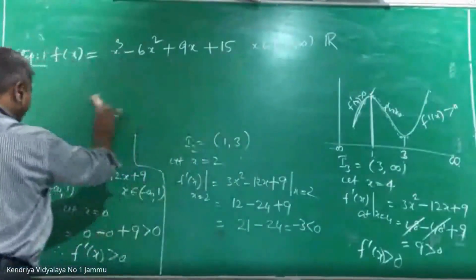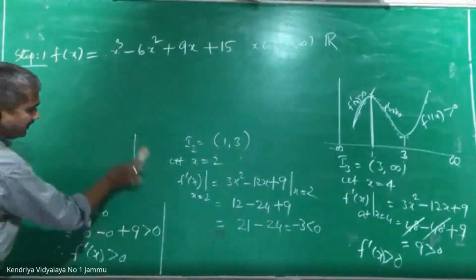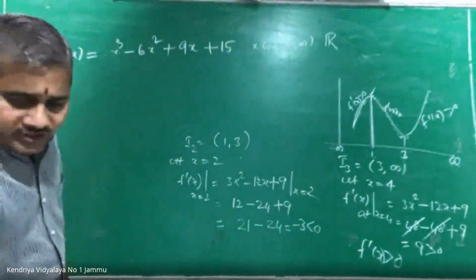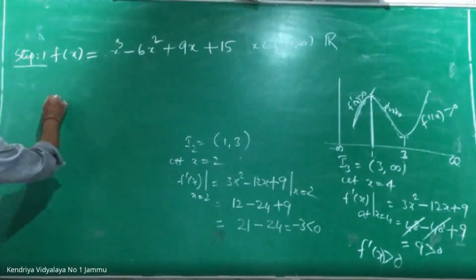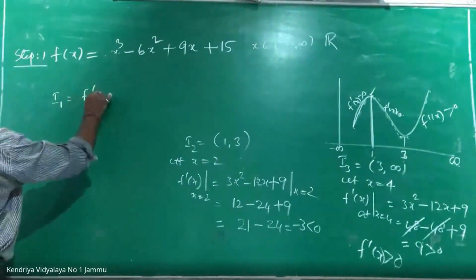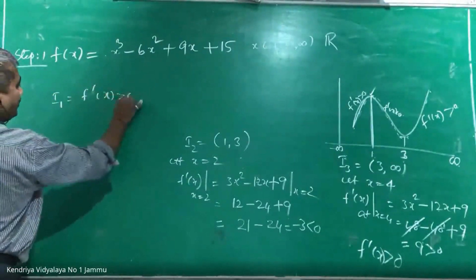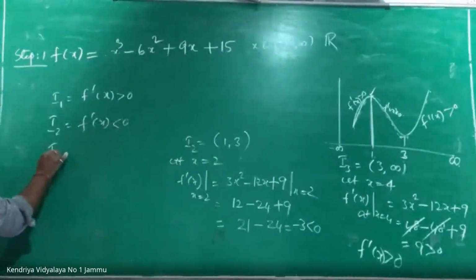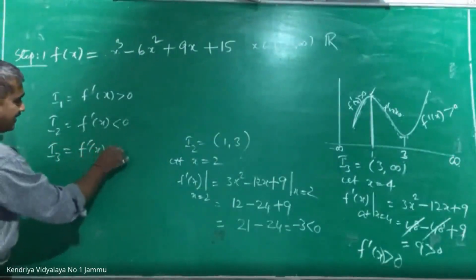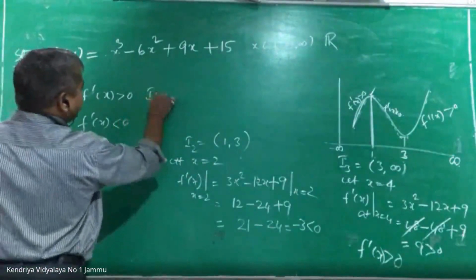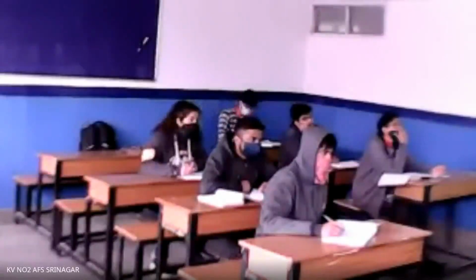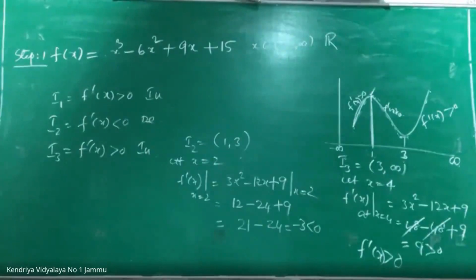Yes, I have assumed whatever I have proved here. According to the conclusions, in I1, f dash x is greater than 0. In I2, f dash x is less than 0. In I3, f dash x is greater than 0. So increasing, decreasing, increasing. Excuse me. Hello? What happened? Are you finding any difficulty?